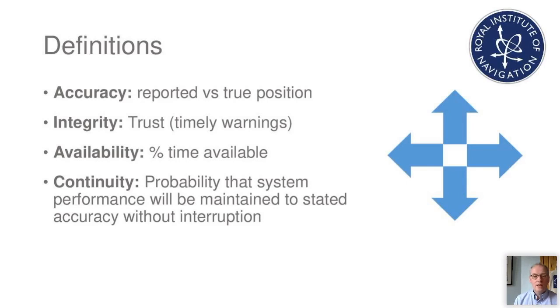So in no way am I suggesting that these four parameters are a complete definition of system performance, but I would suggest that they are required as a minimum set in any positioning navigation system requirement definition.